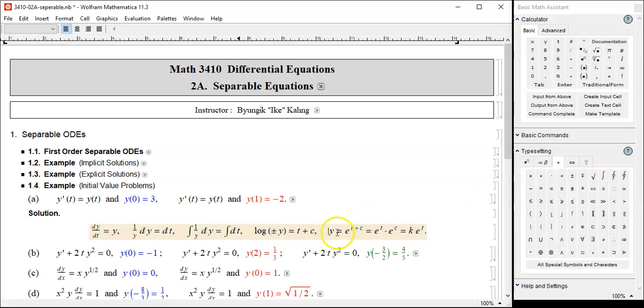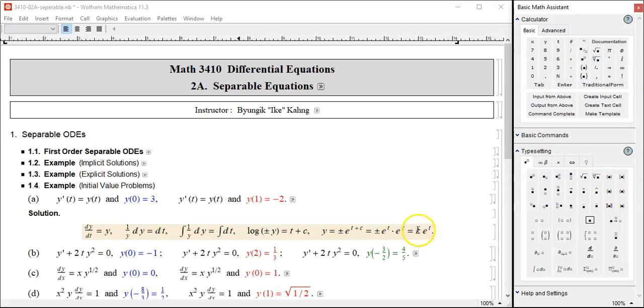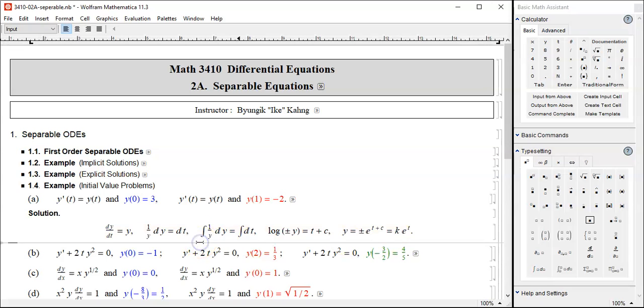But then again, by taking this k as either plus or minus, we can absorb everything. So we have the general solution like this. Please remember this trick. We talked about this in great detail in the previous video. Alright? Okay, we have the general solution.